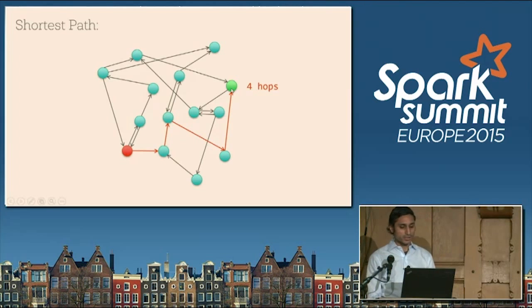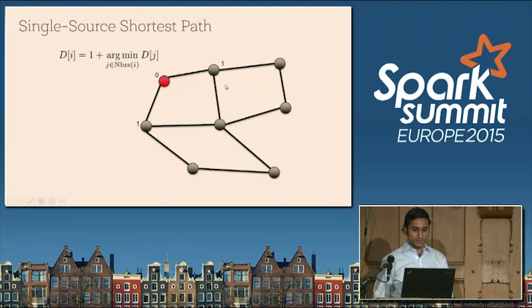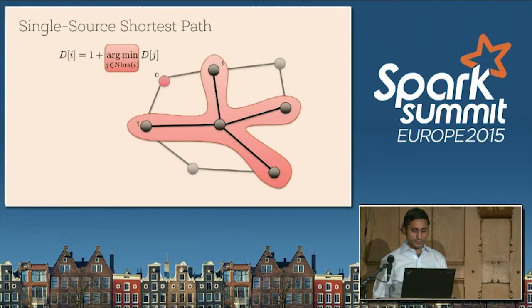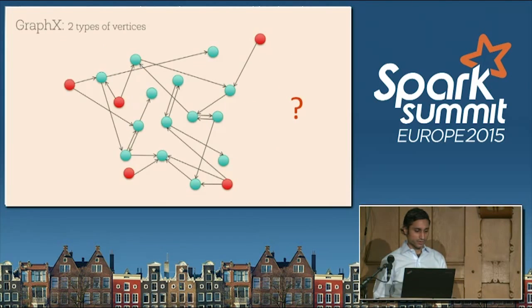So you can imagine that this is the Amsterdam article, this is the Apache Spark article, and maybe you're trying to find the quickest way to click through Wikipedia to go from one to the other. So this is the mathematical way shortest path works. I'll skip through that.